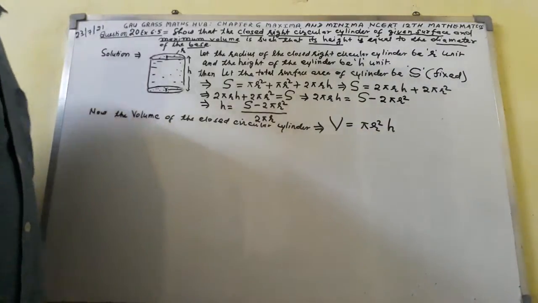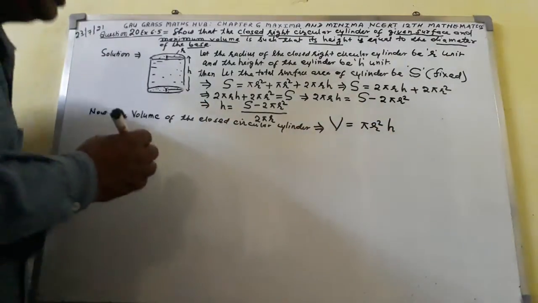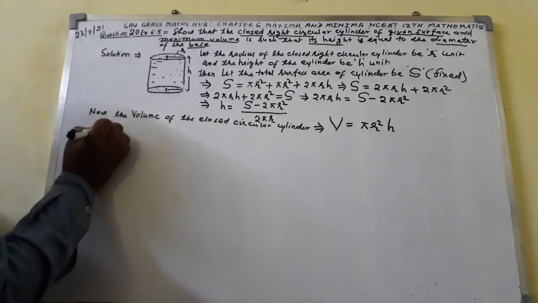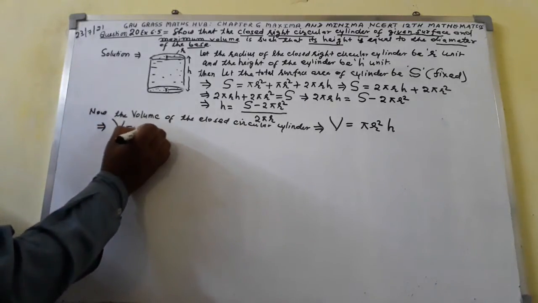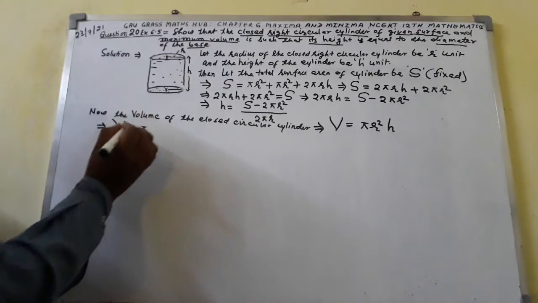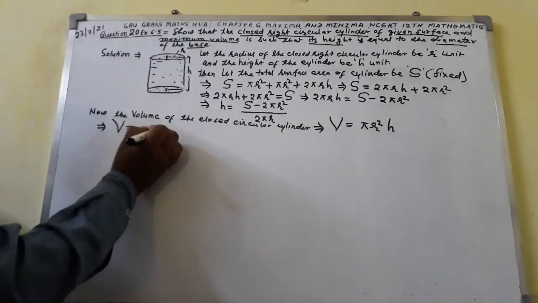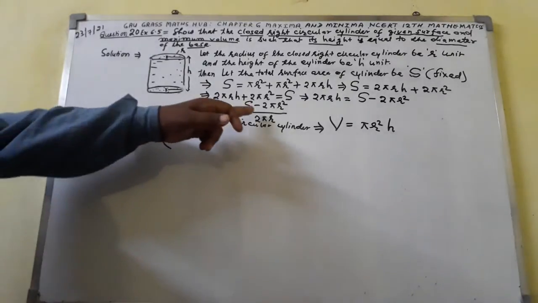So what will we do? Put the value of h here. So here again I shall write, implied that capital V equal to pi r square, value of h I shall put from this place.